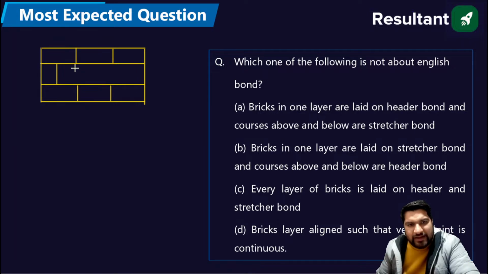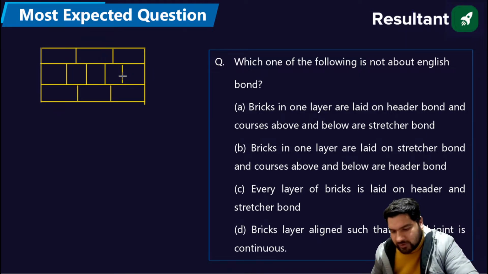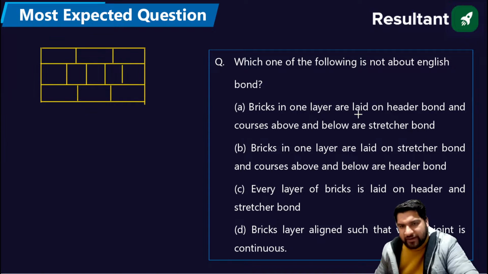Wait a second, let me make it more clear. So this is the header. D is wrong. Joints are not continuous. So bricks in one layer are laid as header, and courses above and below are stretcher.